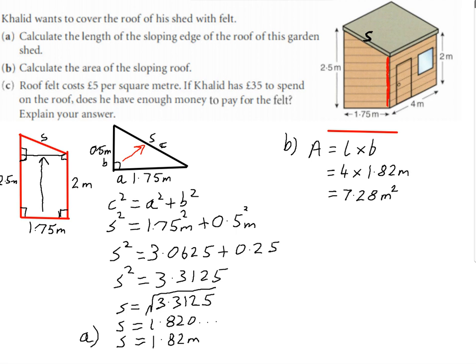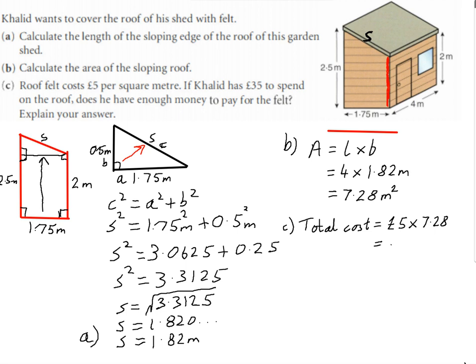Now, the point of doing all this is to figure out whether or not Khalid can afford to buy the felt for his roof. So the roof felt costs £5 per square metre. So if it's £5 per square metre and we have 7.28 square metres, the total cost, this is for part C, is going to be his £5 per square metre times the number of square metres we have, so 7.28.